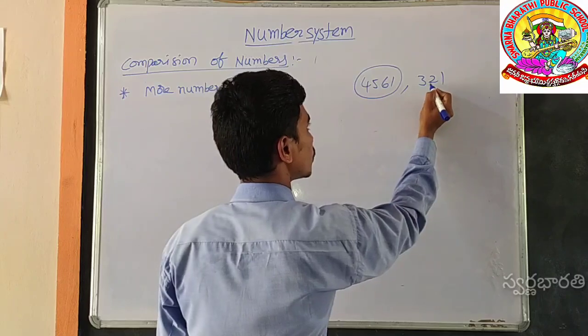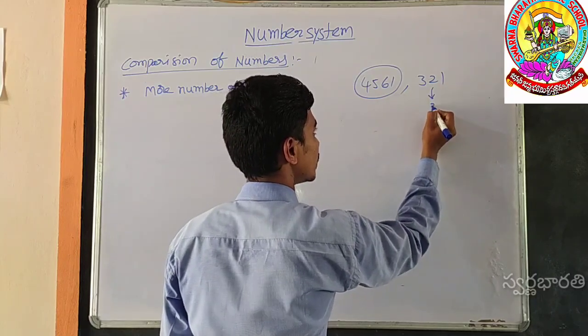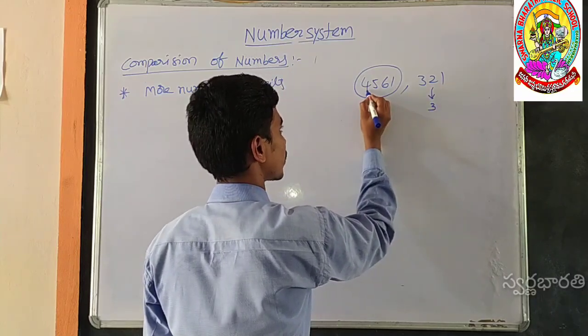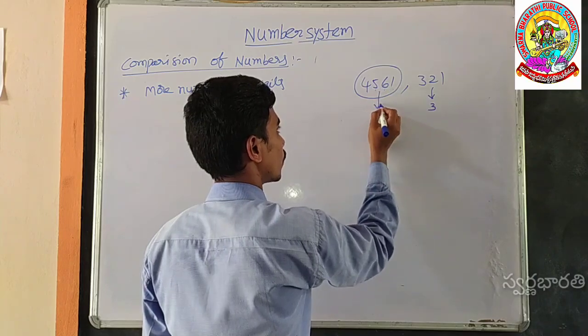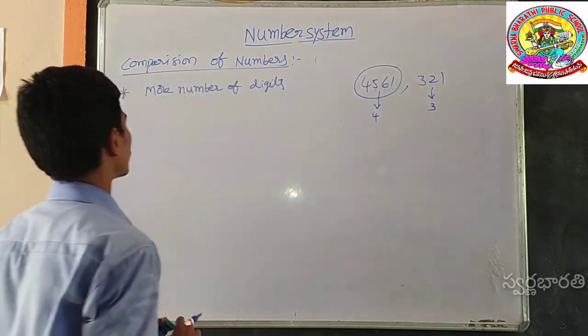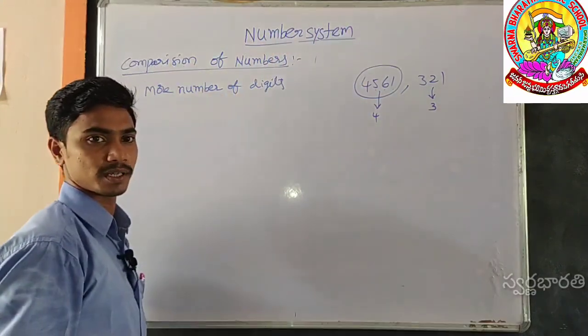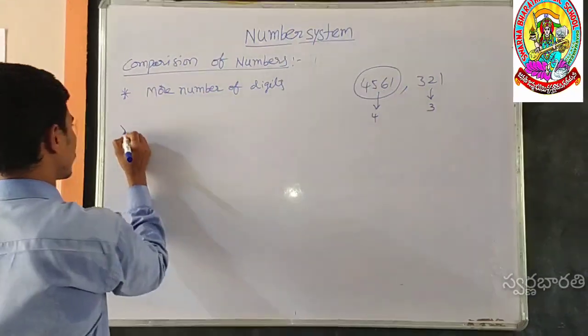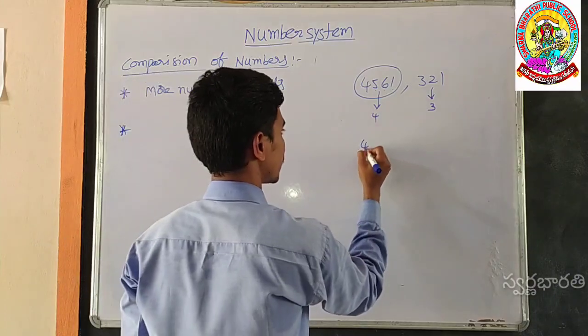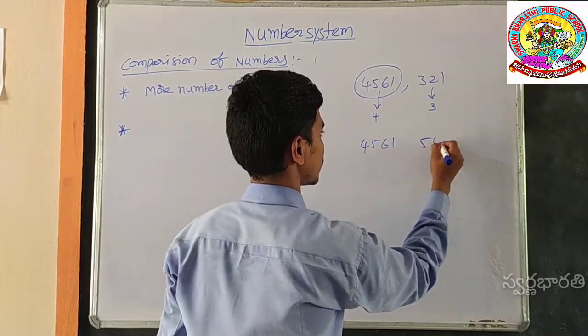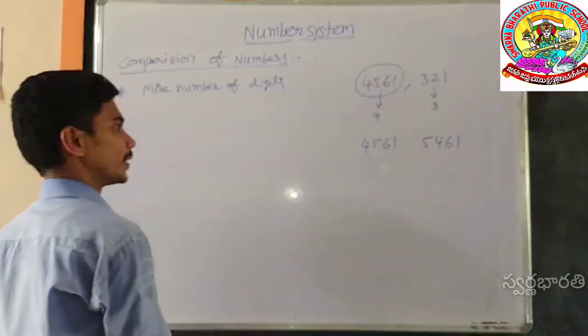Here, count once: 1, 2, 3, only 3 digits here, but in this number, 1, 2, 3, 4 digits. So if the number of digits is greater, that is the greater number. Next, if the number of digits is the same, how can we compare?